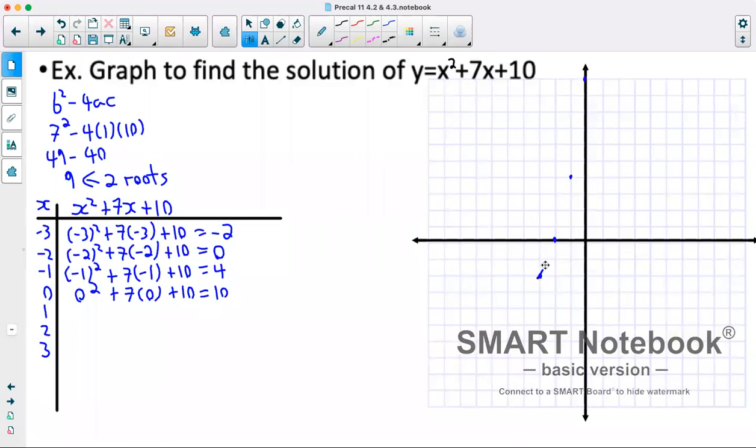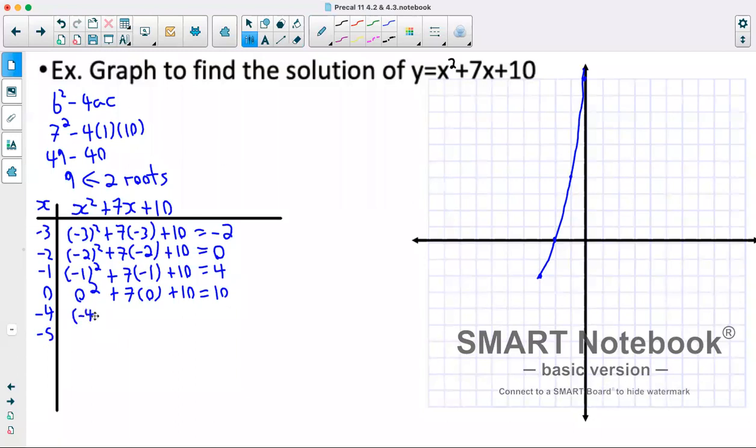So we can see we are getting further and further away from each other. So I'm guessing the other part of the parabola would come up over here. So instead of continuing to do numbers 1, 2, 3, I'll try some more negative numbers like negative 4, negative 5, and see if that helps.